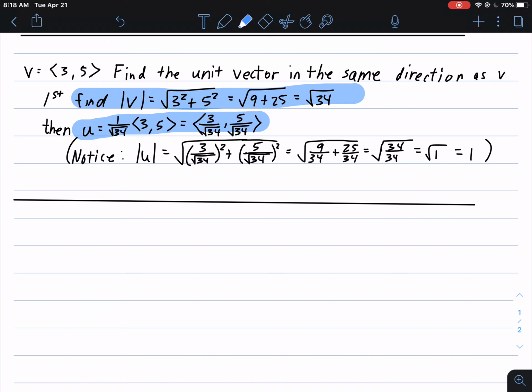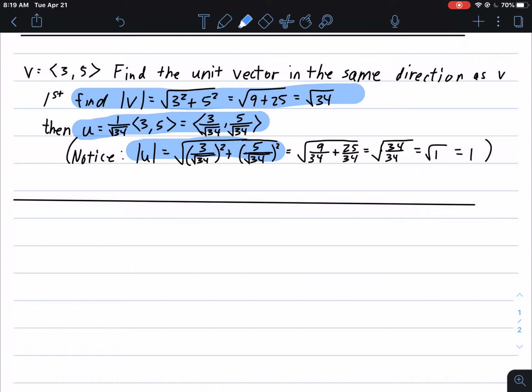Now, just to prove that this is true, we said that would be the unit vector in the direction of vector v. And since it is a unit vector, its magnitude would have to be 1. So notice, if I calculate the magnitude of vector u with components 3 over the square root of 34 and 5 over the square root of 34, and I plug that into the square root of a squared plus b squared, 3 over root 34 squared gives me 9 over 34. 5 over the square root of 34 squared gives you 25 over 34. 9 34ths plus 25 34ths is 34 over 34, which is 1.